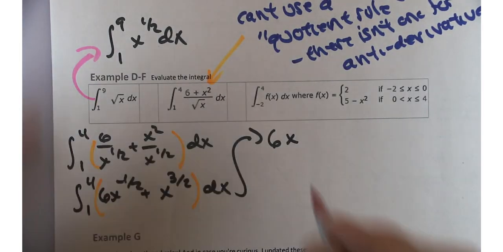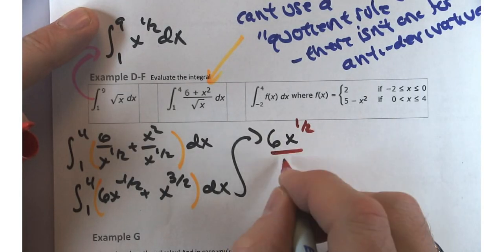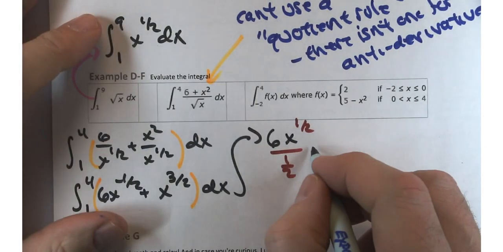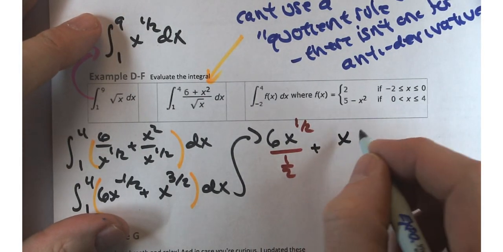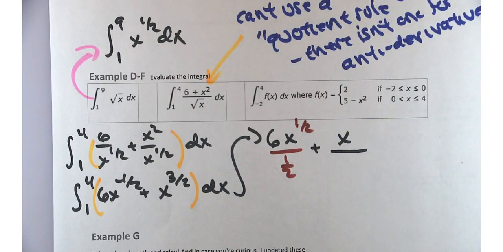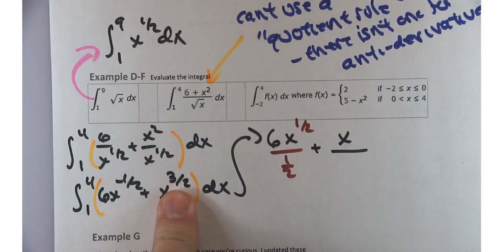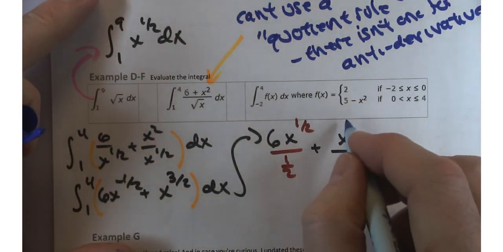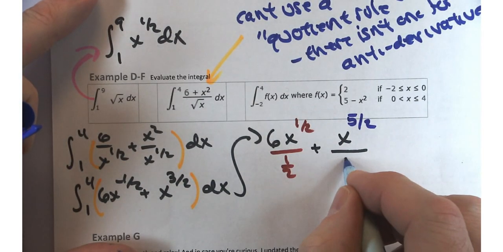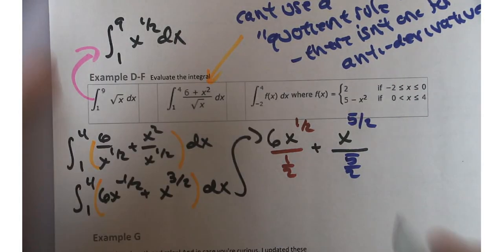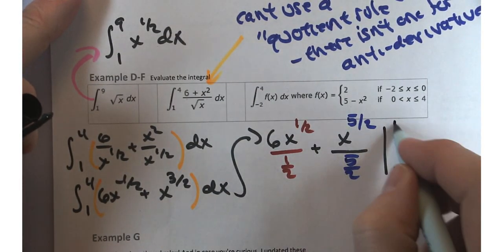Positive 1/2, divided by 1/2, plus x to the 5/2, since 3/2 plus 1 is 5/2. So I'll put a 5/2 here and a 5/2 here. And finally, that's going to be between limits of 1 and 4.